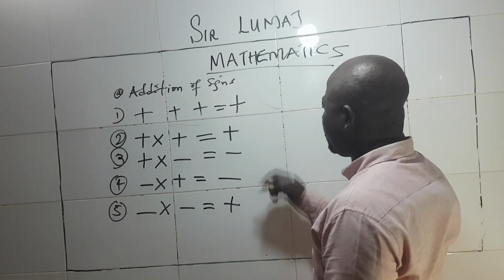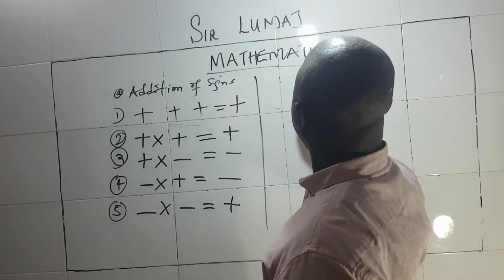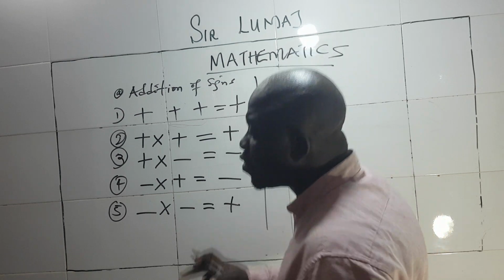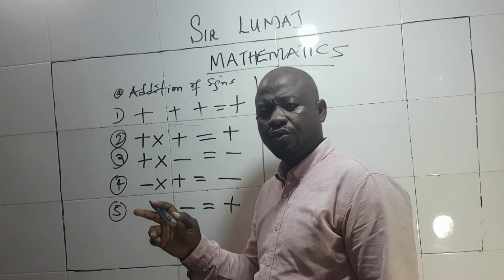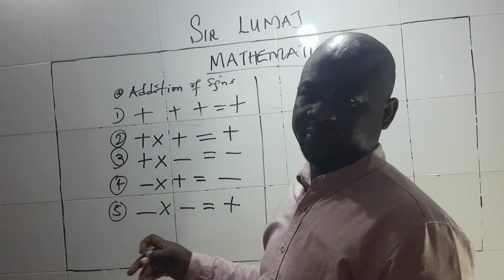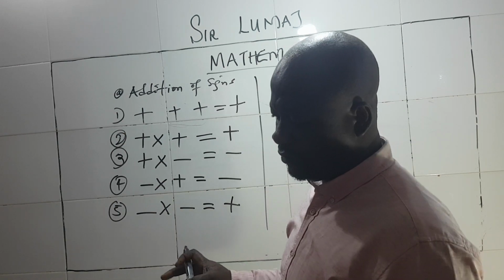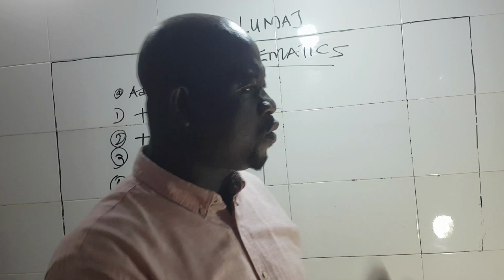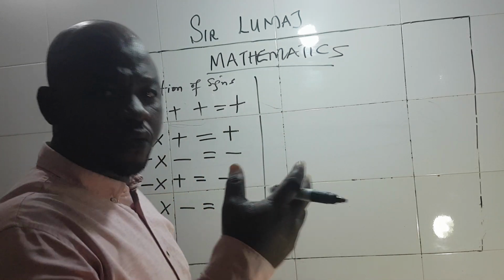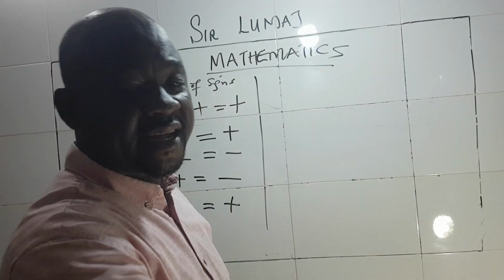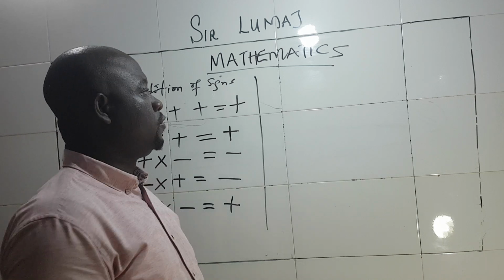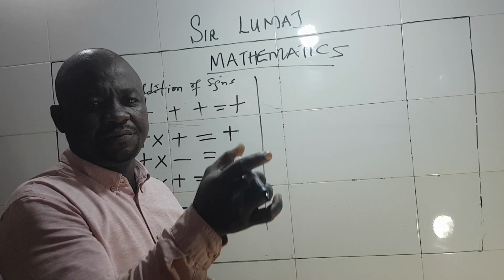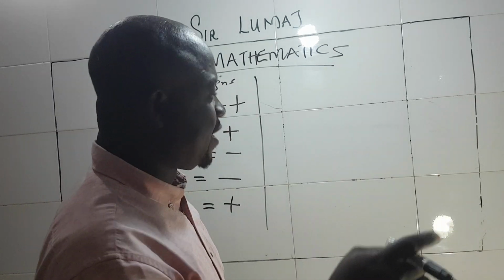One other important thing I want us to understand here. When a sign crosses the equal to sign to another side of the equation, this happens to it: the sign will change to another sign.